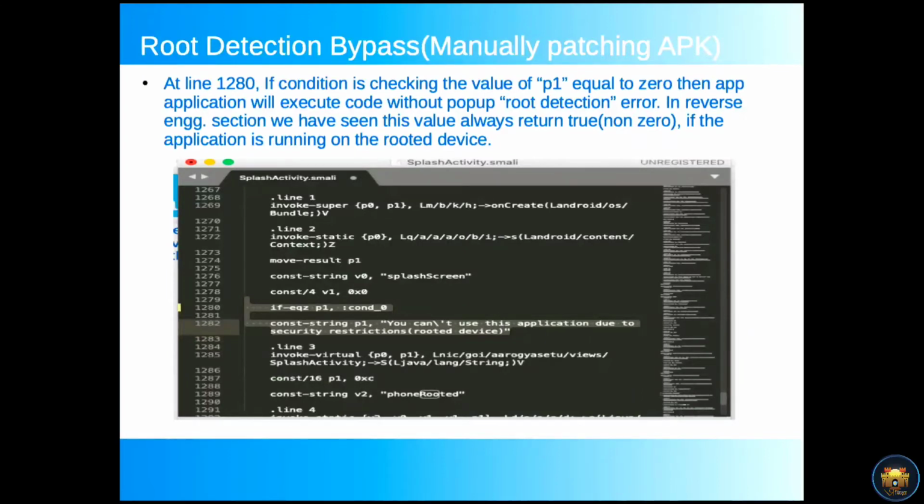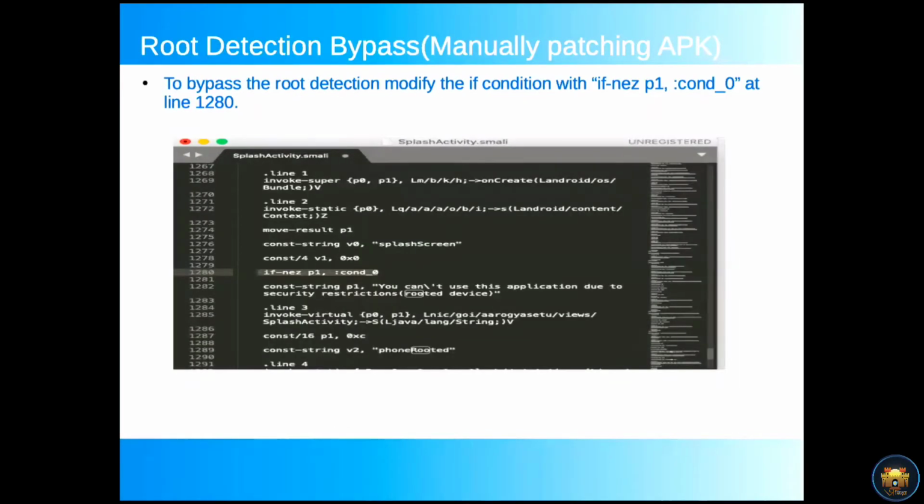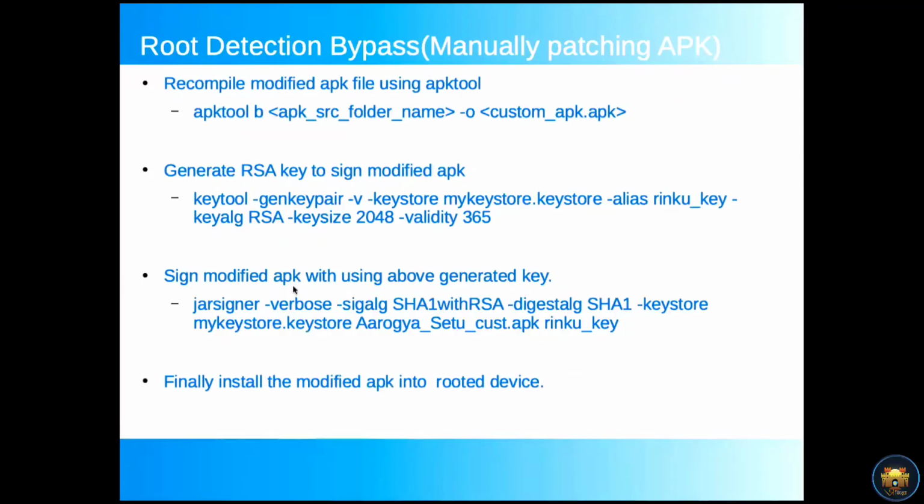Then if the p1 value is not equal to 0, go to cond_0 and do not execute the pop-up. So in this slide I have mentioned that I need to just negate the value: if-nez p1, then move on to cond_0 at line 1280. I can show you all this in the demo.